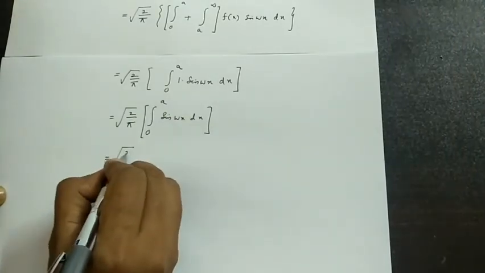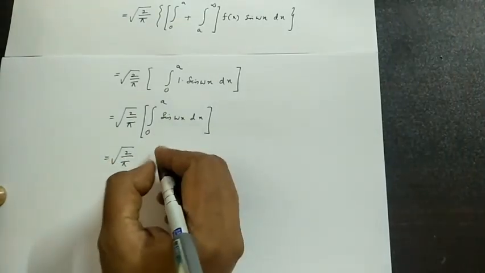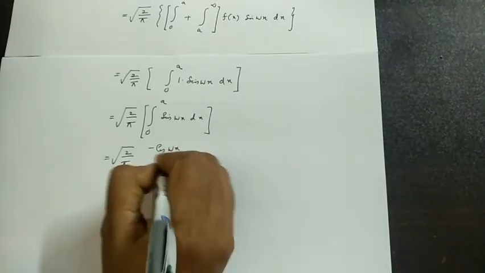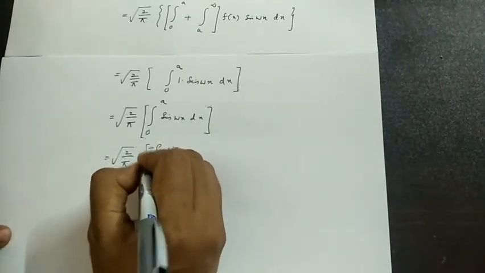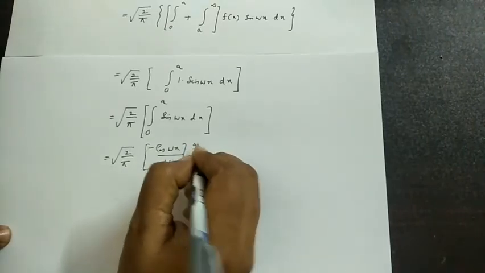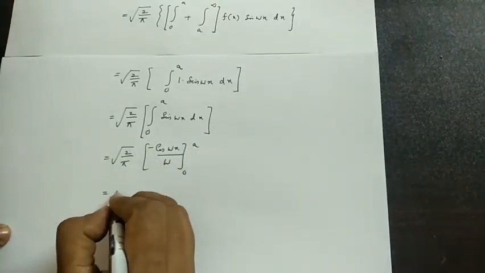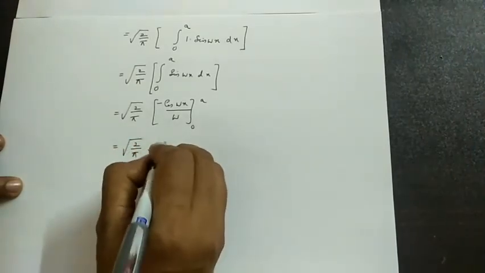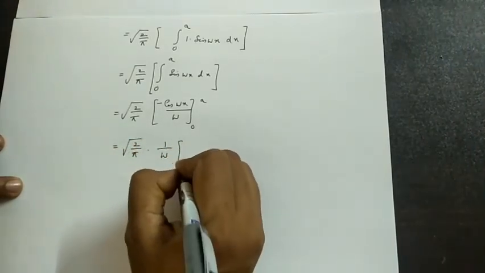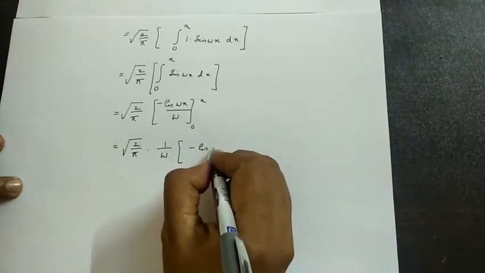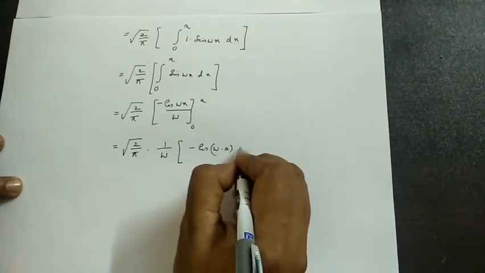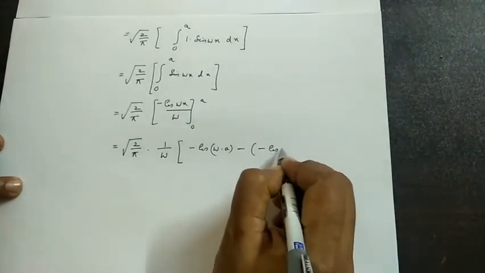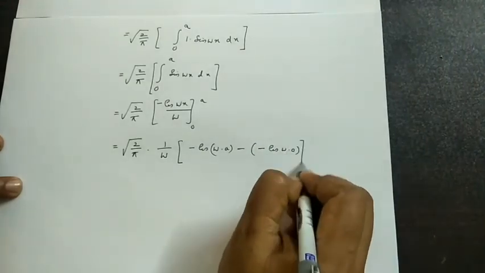That is root 2 by pi into the integral of sin omega x, that is minus cos omega x by omega, with limit from 0 to a. That is equal to root 2 by pi into 1 by omega, which is a constant, minus cos omega into a, then minus, minus cos omega into 0.